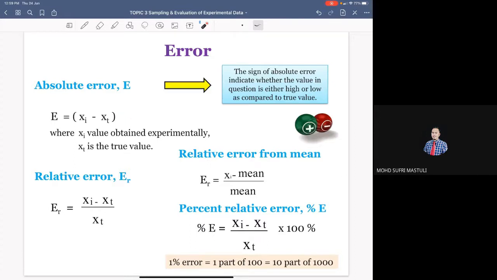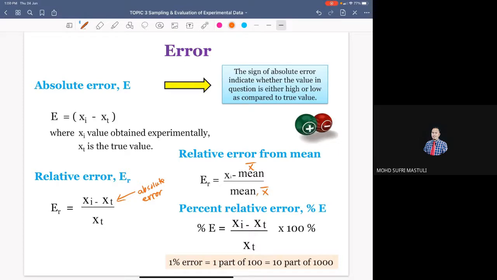Relative error is the absolute error divided by the true value. Relative error from the mean is the value obtained experimentally minus the mean, divided by the mean.